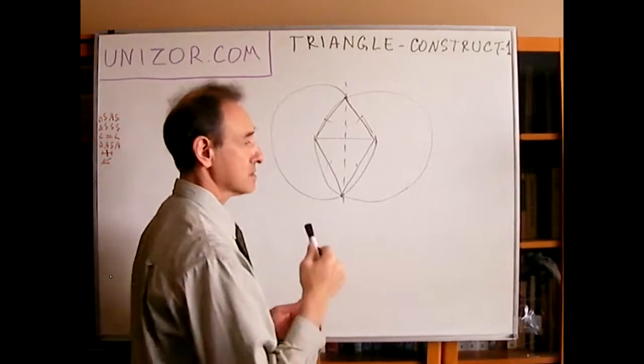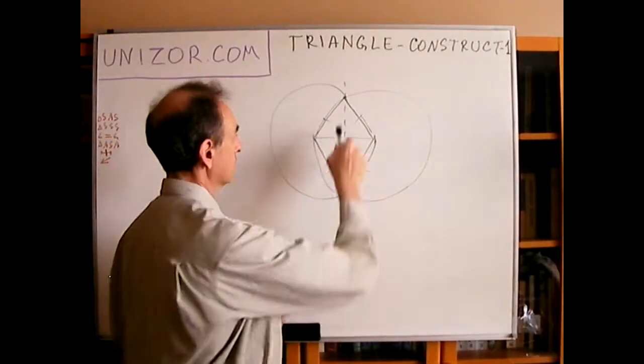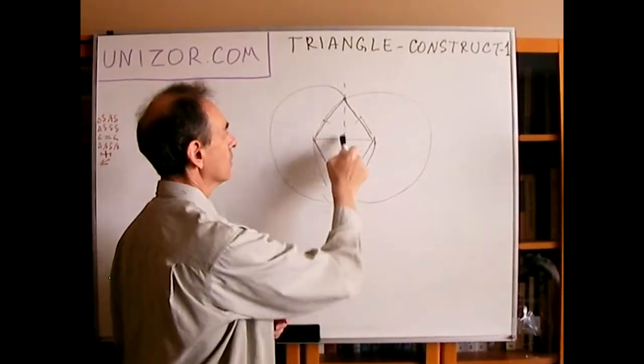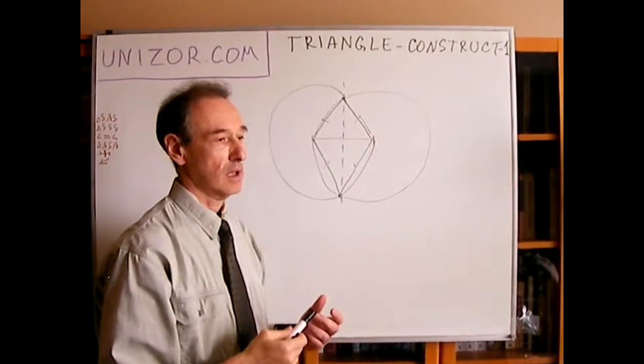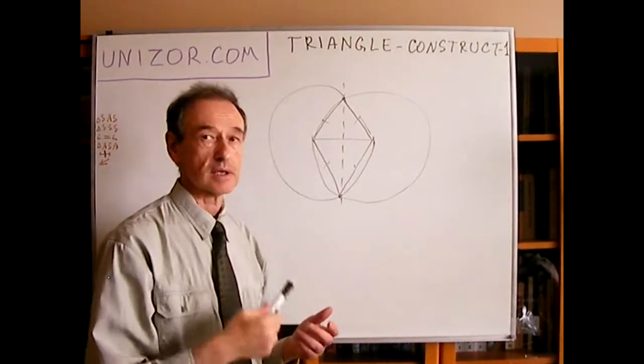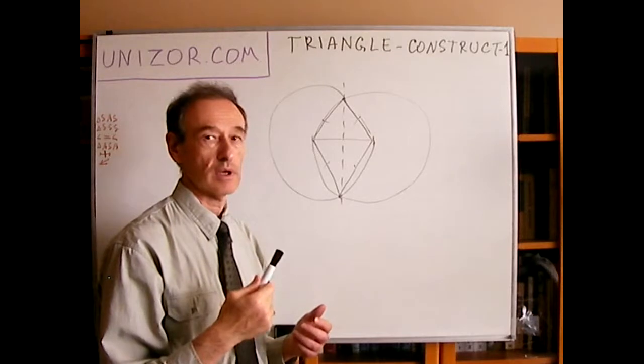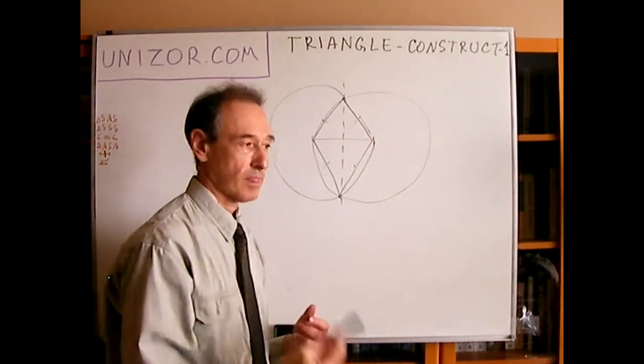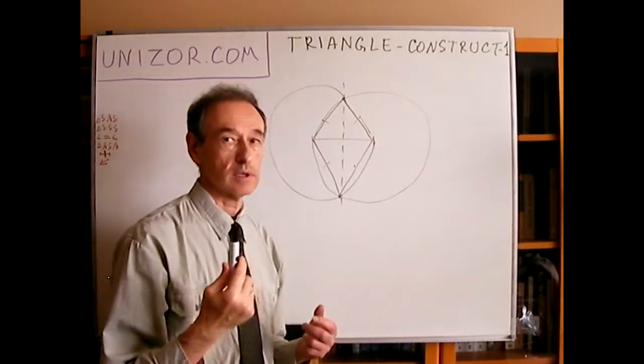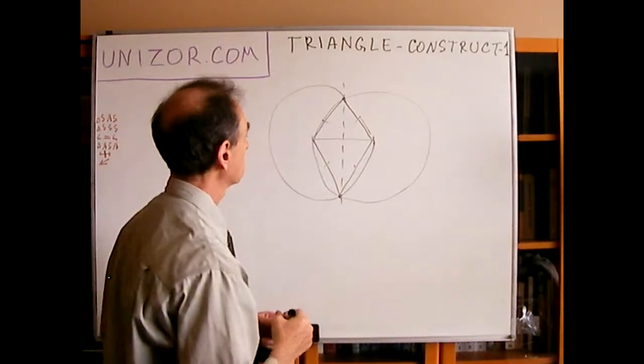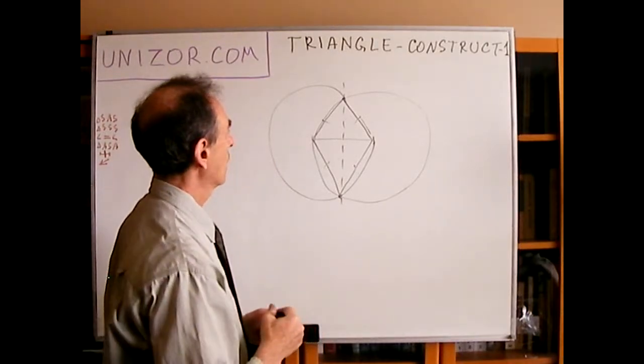But again, it's sufficient to prove that in both triangles, this line is the angle bisector and median and the altitude. Well, let's think about this.